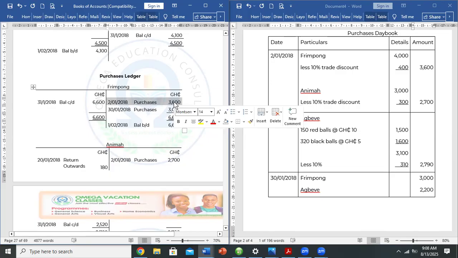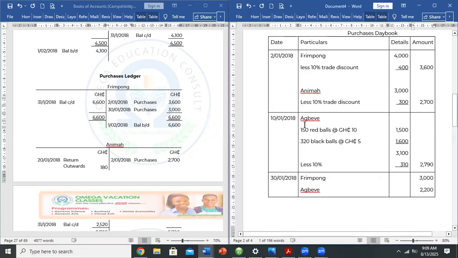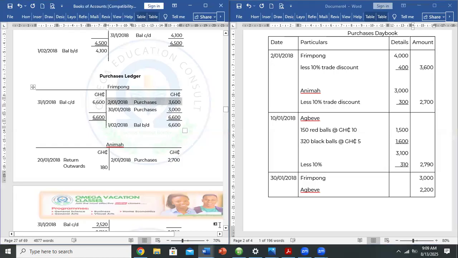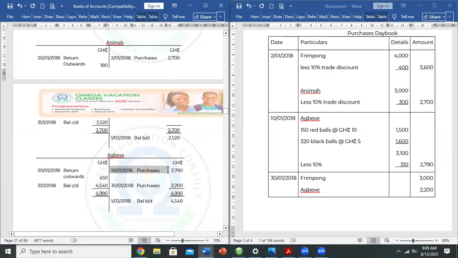The second person was Anima, so we open Anima's account, again credit Anima 2,700 for that purchase. The next transaction was from Agbeve, so we open Agbeve's account and you see that transaction credited to Agbeve's account.